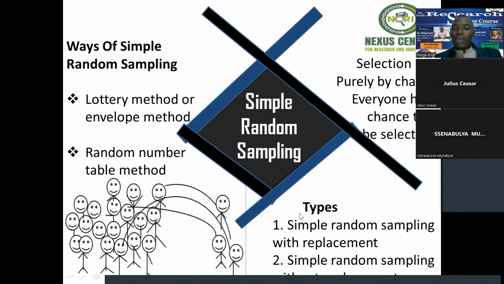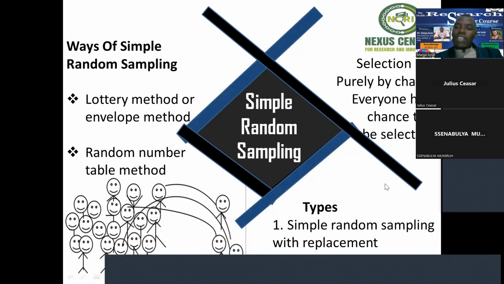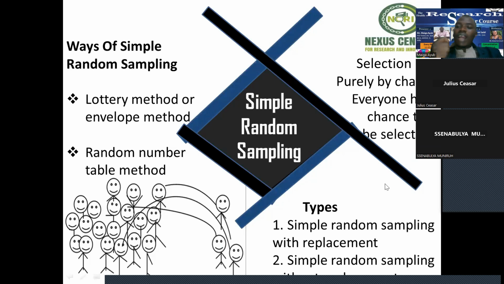However, there's simple random sampling with replacement and simple random sampling without replacement. So with replacement, for example, all of your names are written on small papers and the papers are put in a bowl. When I pick one paper and I read, oh, Mr. Chimera, then I roll it and put it back in the bowl. Then I shuffle again. I pick another paper, Mr. Hussein.